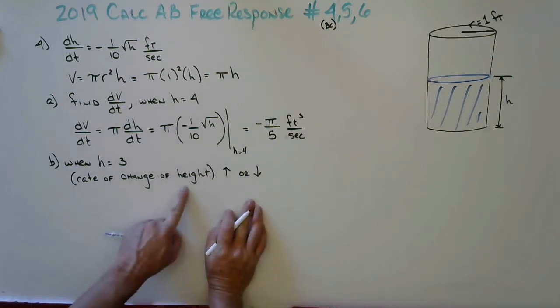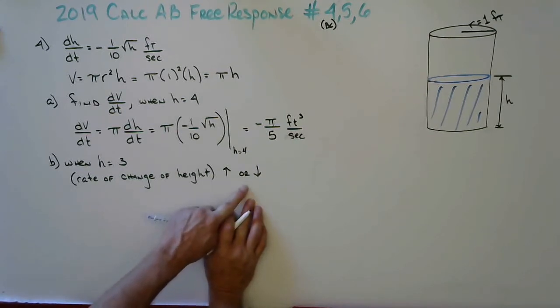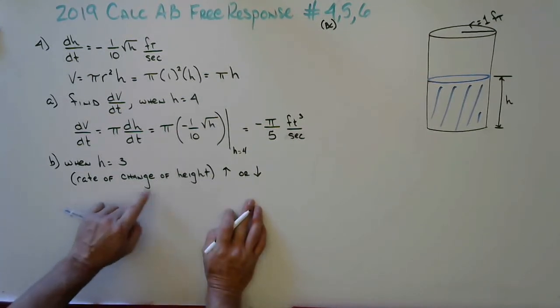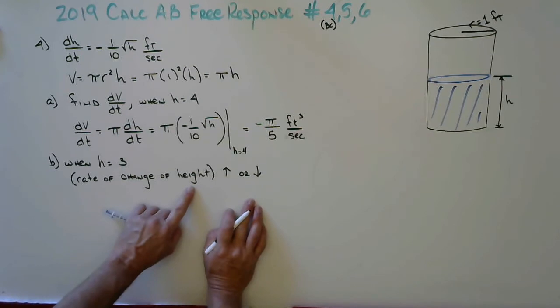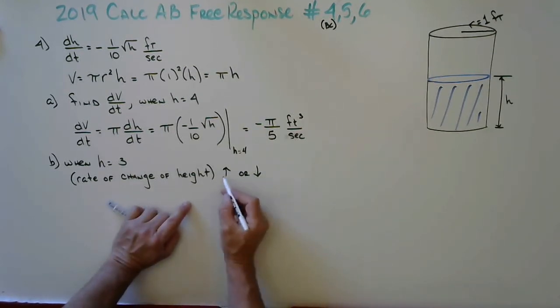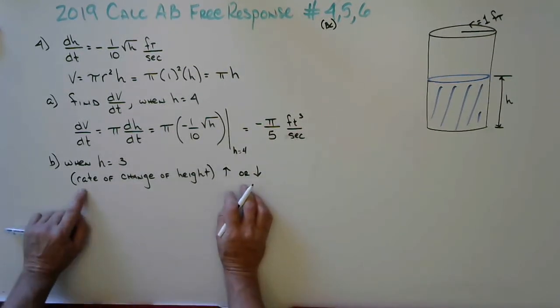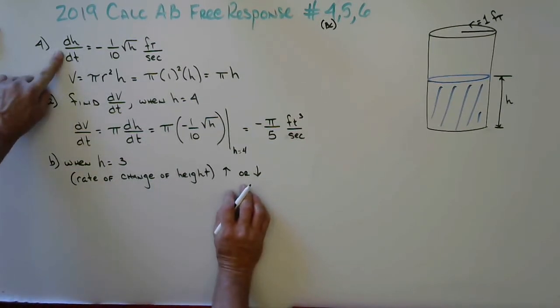Well, to find out if the rate of change of the height is increasing or decreasing, we have to take the derivative of the rate of change of the height. Because to find out if something's increasing or decreasing, you have to take its derivative. This is the rate of change of height, so I have to take the derivative of this.